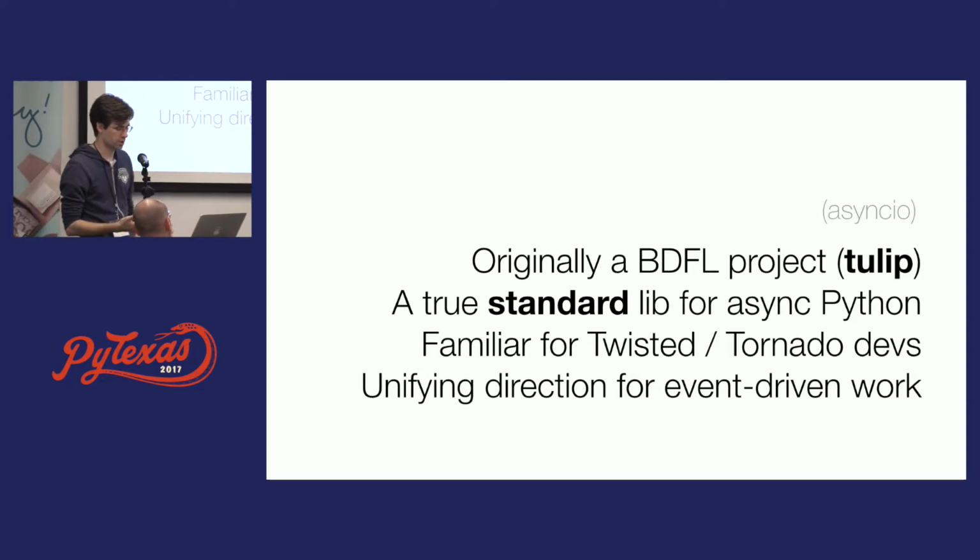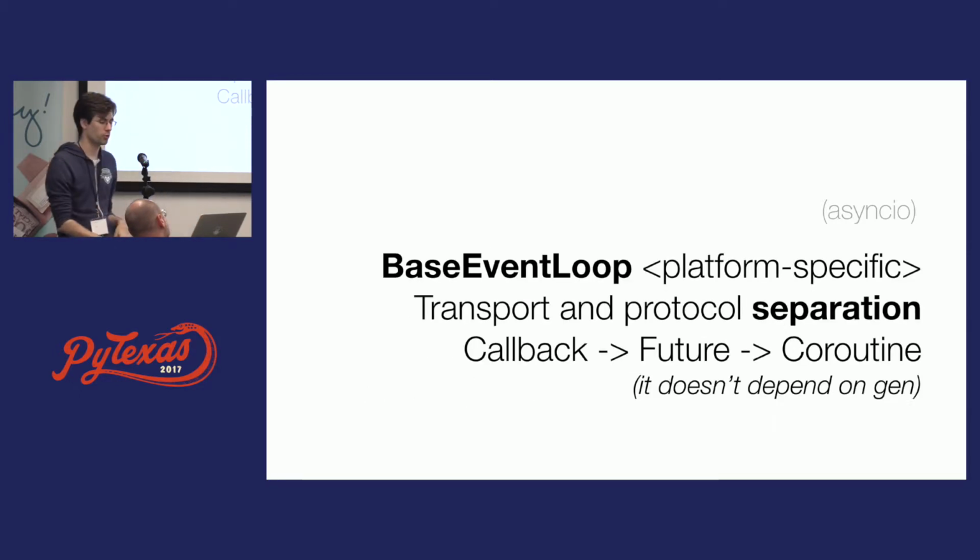I say his project, but he was one of the main people driving it. It introduces a truly standard library inside of Python 3.4. In many ways it was informed by Twisted and Tornado and other similar development, because we've been doing that for a little while. So it's pretty easy to hop over into, and it's a unifying direction for work moving forward.